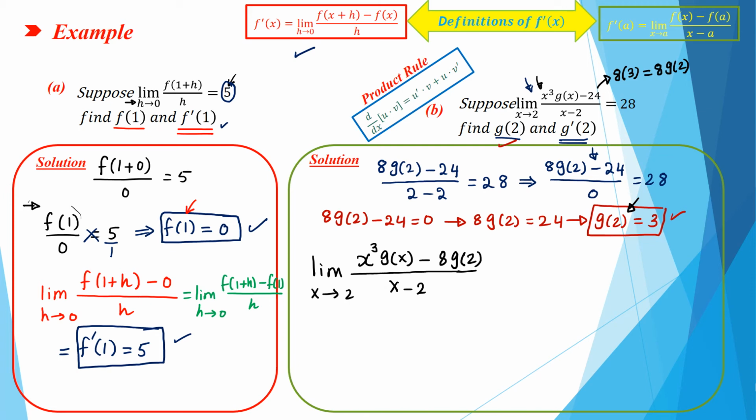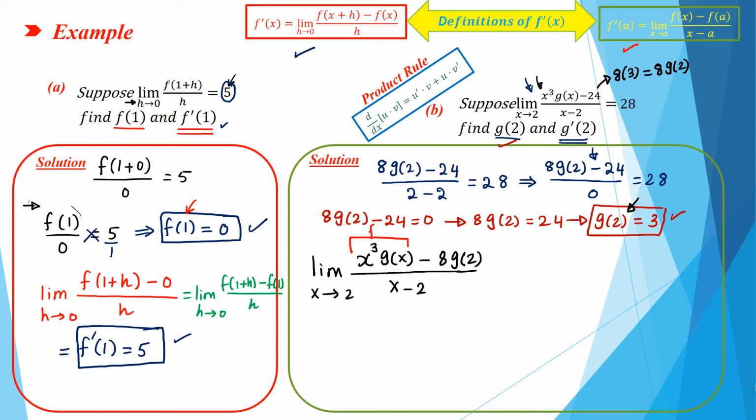If you compare this limit with the second definition of the first derivative, you will see that this limit equals the derivative of x to the third power times g of x.